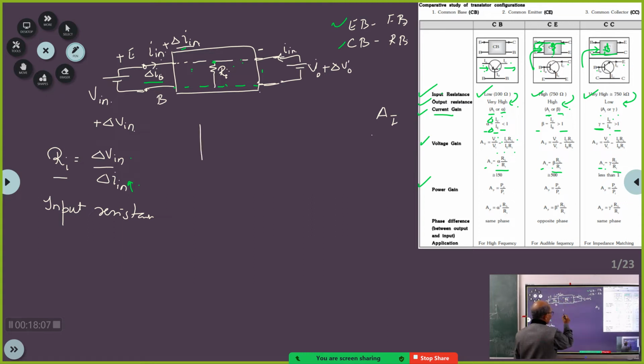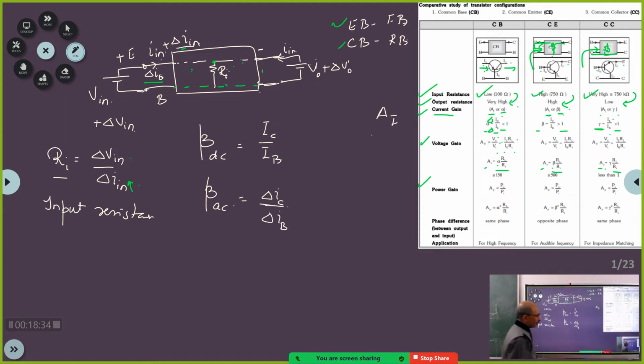So now you have got beta. I am just writing beta here. This is an advanced question that you are asking, but I am delighted. I will definitely explain. This beta has got two values: one is beta DC and one is beta AC. Beta DC is IC by IB. Beta AC is delta IC by delta IB.